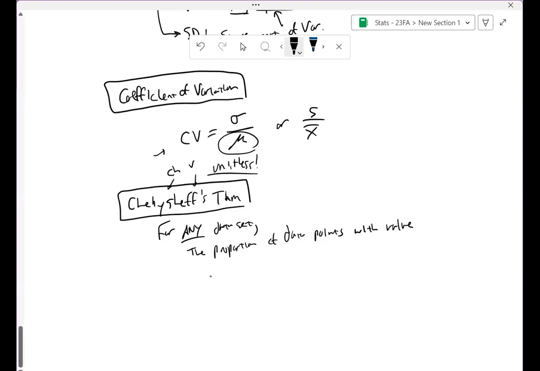The proportion of data points that have a value within k standard deviations of the mean is at least one minus one over k squared, for k bigger than one.